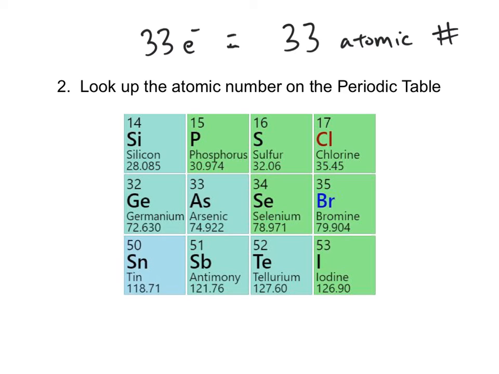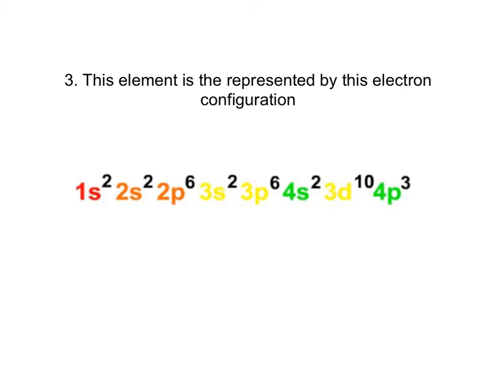So I look at the periodic table, and I can see right here, there's 33, which means I am looking at arsenic. Arsenic, As, has the atomic number 33. Okay? So then I know that this is for arsenic.